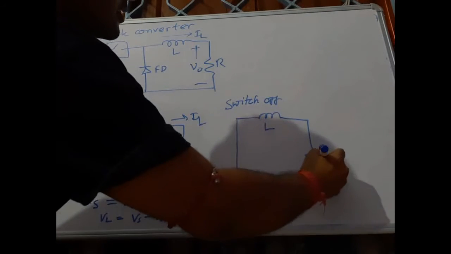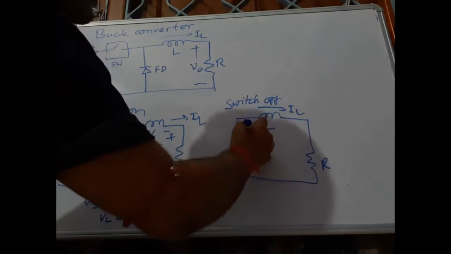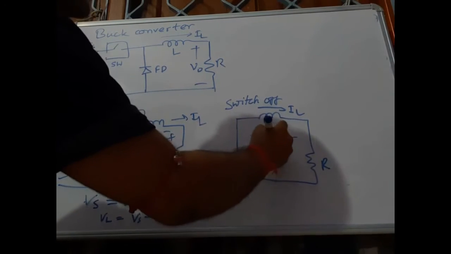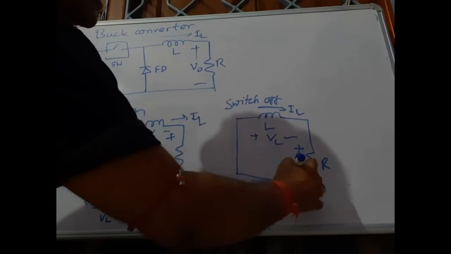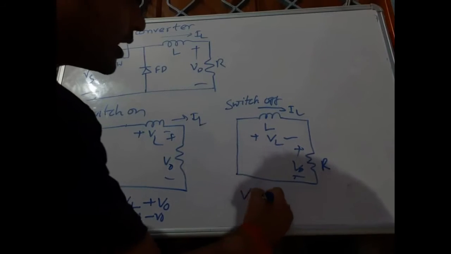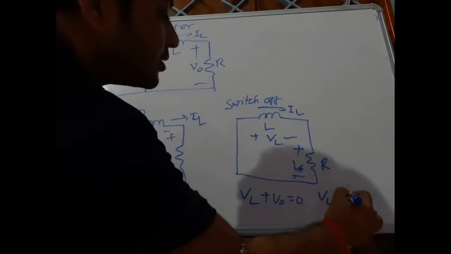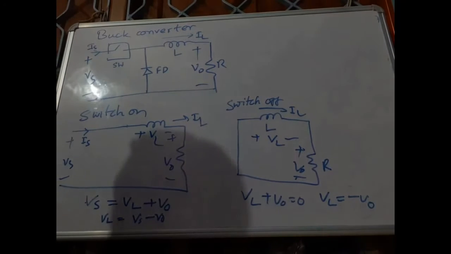This is L, this is R, this is IL. The voltage across inductor is VL and voltage across the load is V naught. In this condition, VL plus V naught equals to 0, so VL equals to minus V naught.